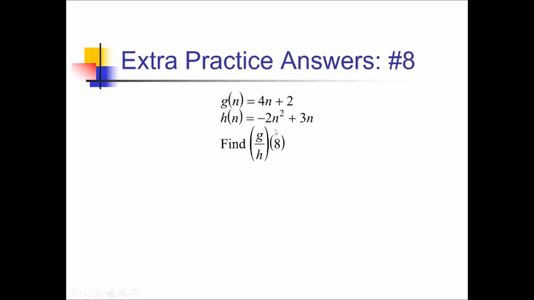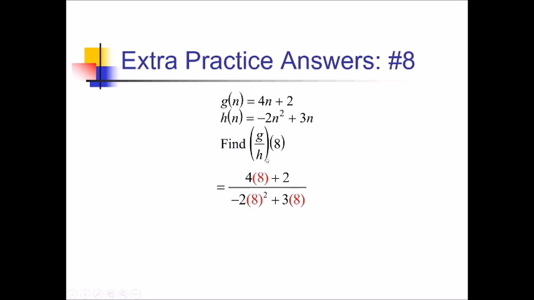On this one, I'm doing g divided by h of 8. So essentially, I'm doing g of 8 divided by h of 8. G of 8 is going to be 4 times 8 plus 2. H of 8, that's going to be negative 2 times 8 squared plus 3 times 8. And now I have to simplify this.